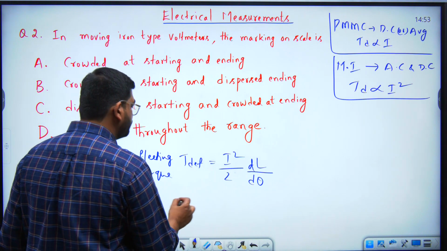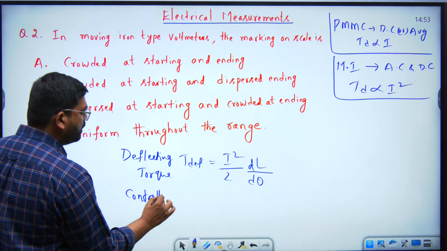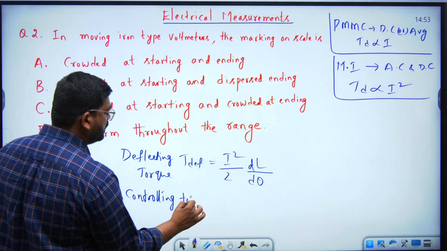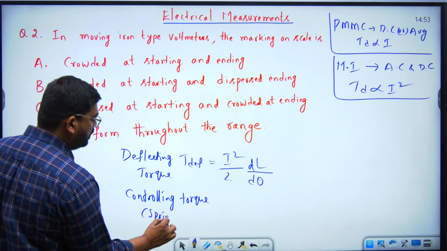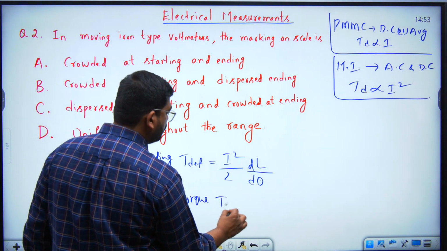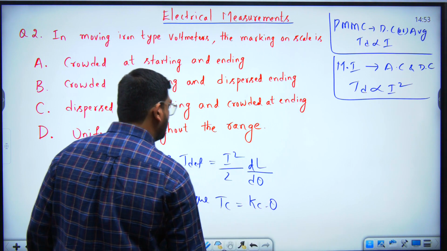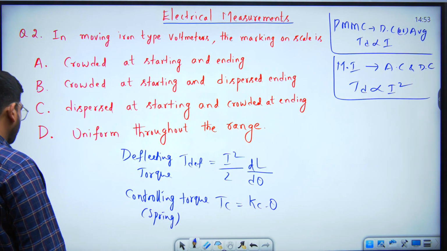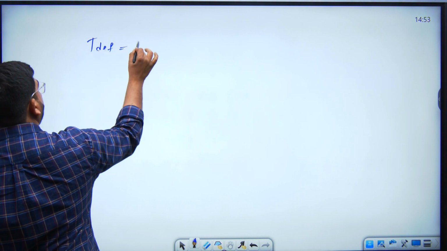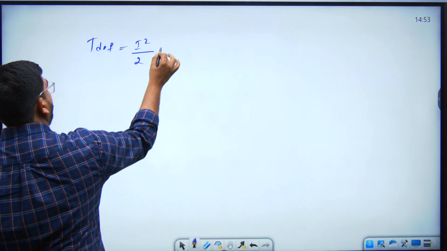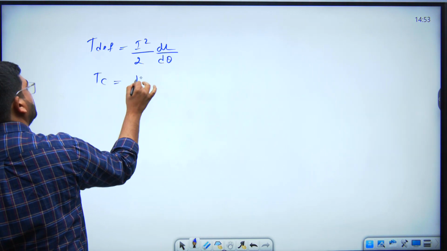If I follow the spring control method for controlling torque, then controlling torque is proportional to Kc into theta. Let us utilize these expressions. TD is equal to I square by 2 dL by d theta, and controlling torque is equal to Kc into theta.